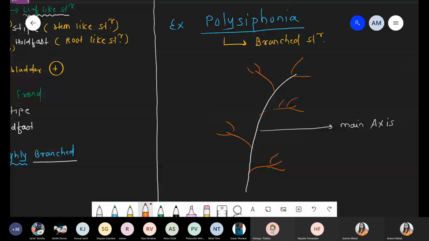That's it. Simple. So this is the typical branched structure of Polysiphonia, because they don't have the frond structure.